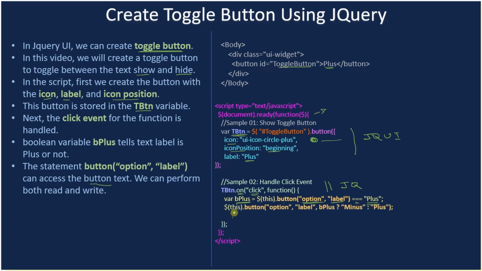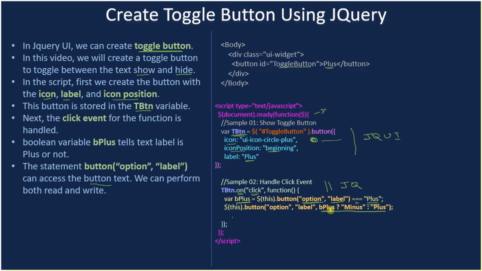And here, $this->button('option', 'label', bPlus ? ...), for the third parameter we are using the ternary operator. This is a read option, we are reading here. Option we are setting: option, label, and what value we want to set is in this ternary operator.